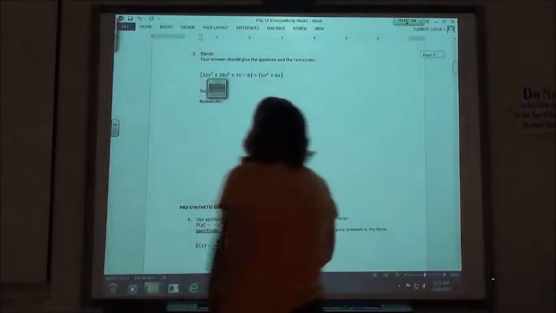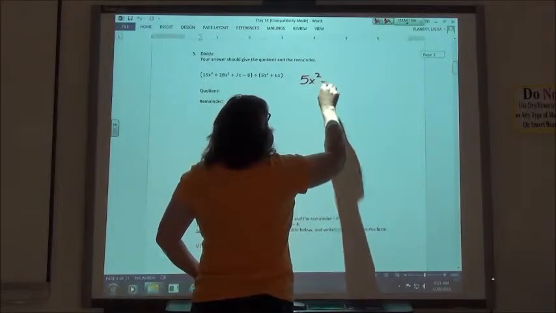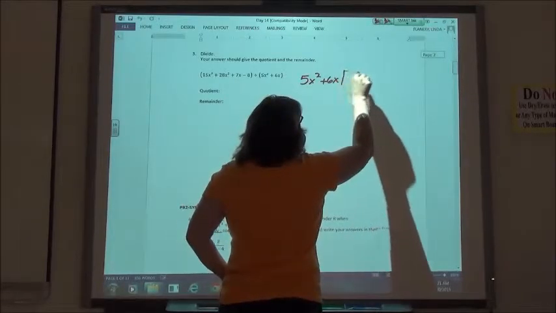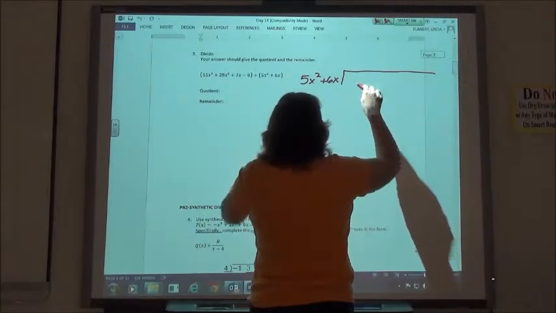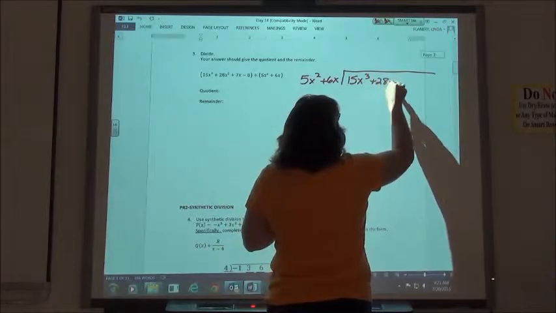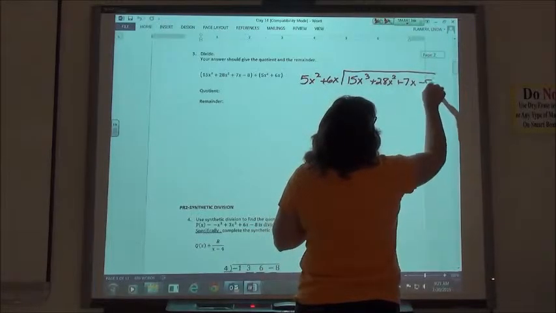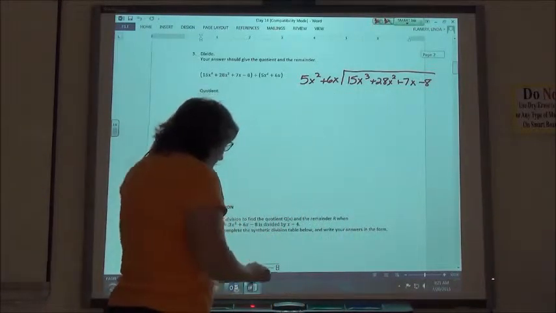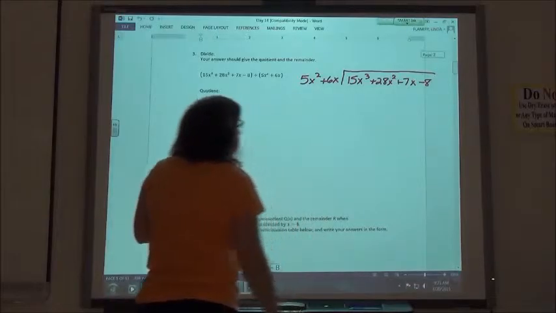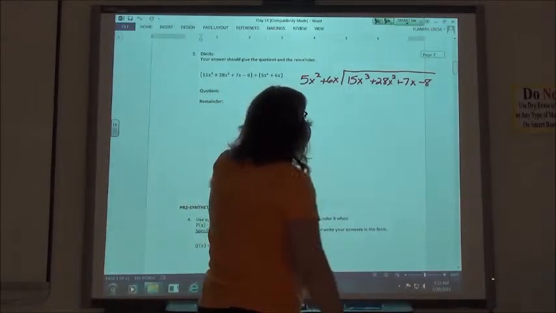The third one, we are going to take 5x squared plus 6x and divide it into 15x to the third plus 28x squared plus 7x minus 8. So, what times 5x squared gives me 15x to the third?